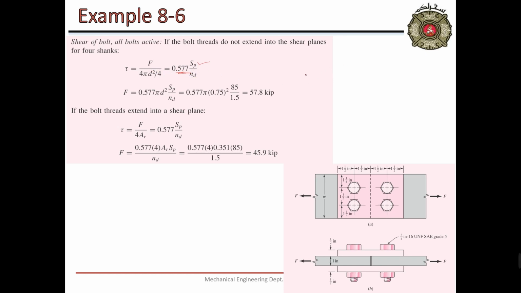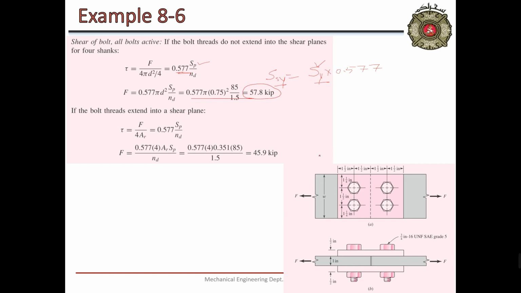You will study in MOM 2 that if you have the value of SY and you need to calculate SSY, the yield strength in shear, you have to multiply SY by 0.577. Here the yield or proof strength was given in terms of normal stress, so for shear we need to multiply it by 0.577. Once SP is given, we have all the values, so we can calculate the value of 57.5. At this value, the bolt will fail in shear.